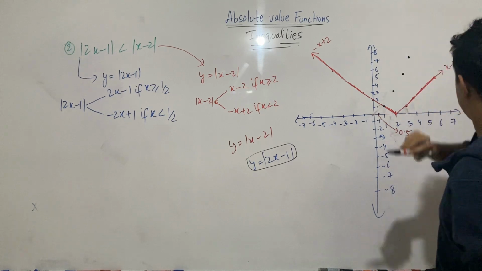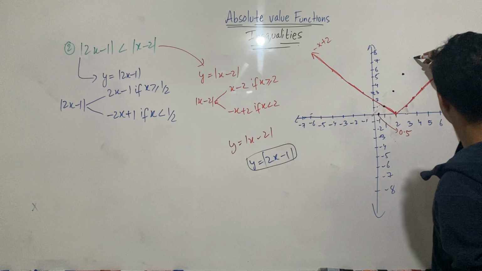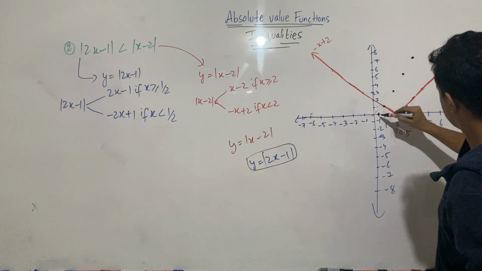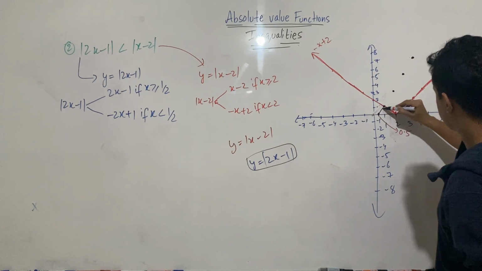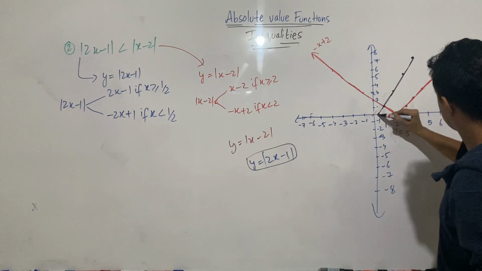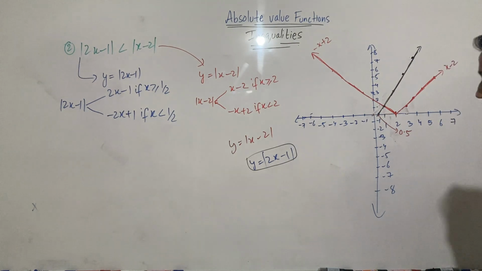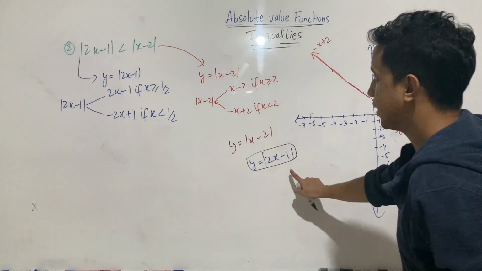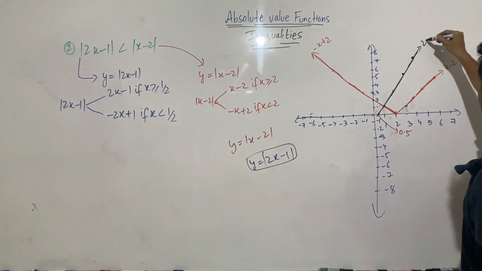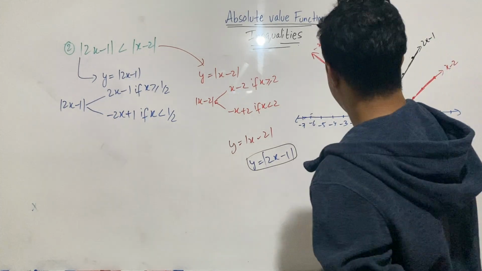Okay, so it's going to be something like this, and this is 2x minus 1. Okay, let's do it for the other side.